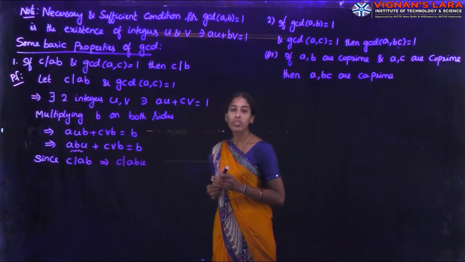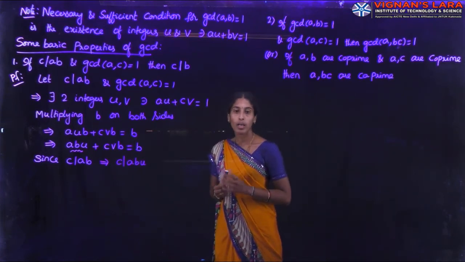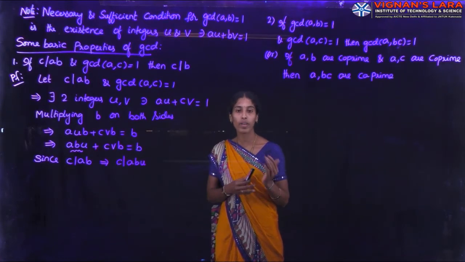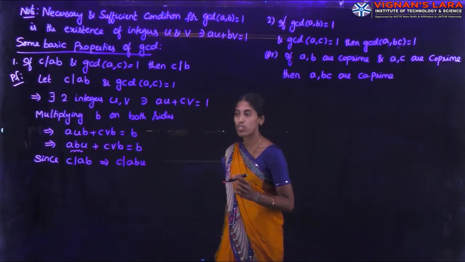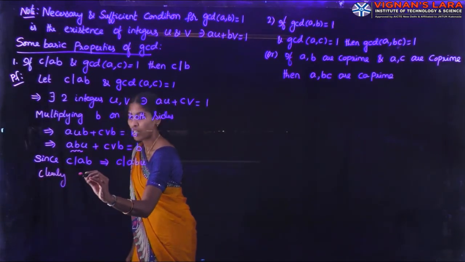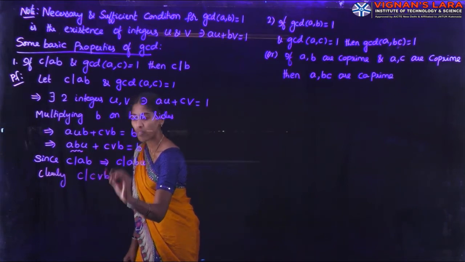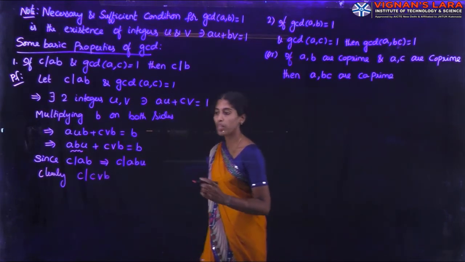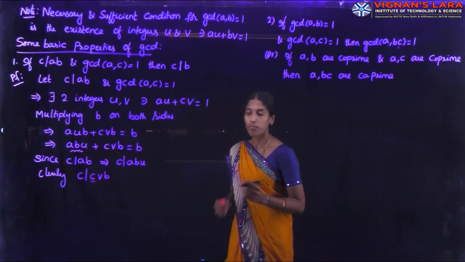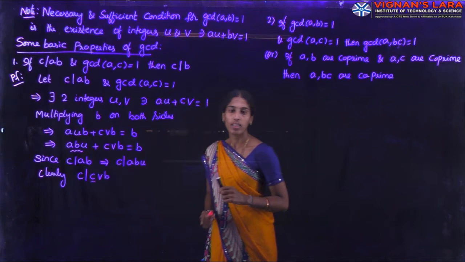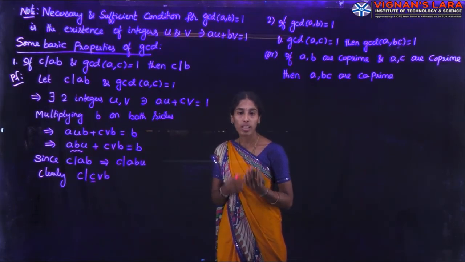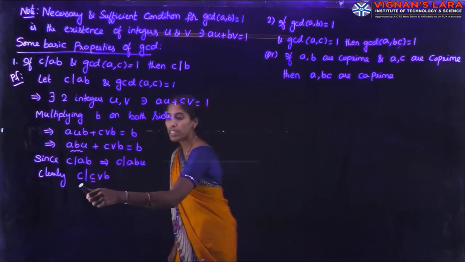Already we proved this result in the properties of divisors: whenever A divides B, A also divides BC, where C is not equal to 0. And clearly, C divides CVB. Why? Because C divides C, and CVB is the product of C and VB, which is a multiple of C. Therefore, C divides CVB.